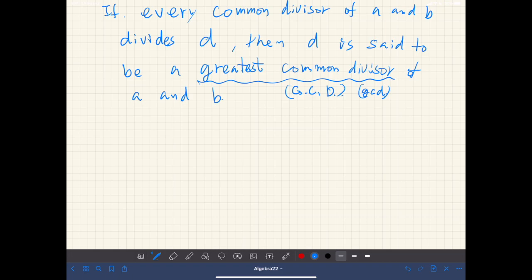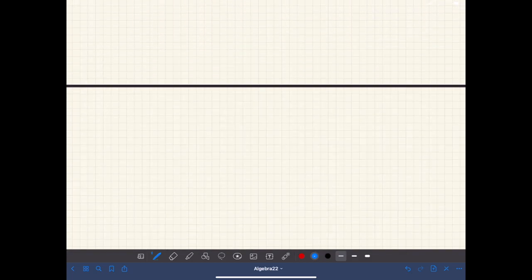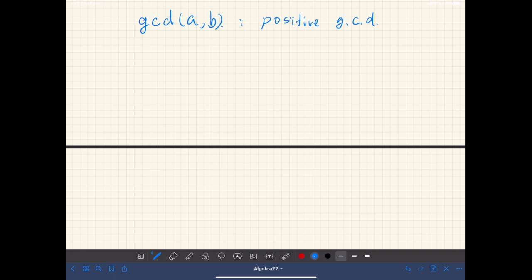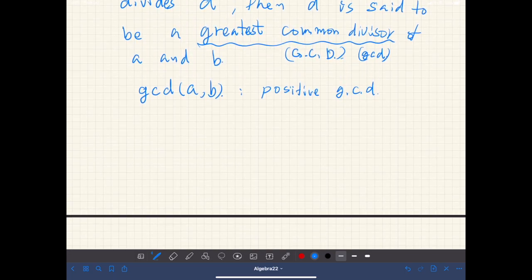The positive greatest common divisor is denoted as GCD of A and B. We call it the greatest common divisor.